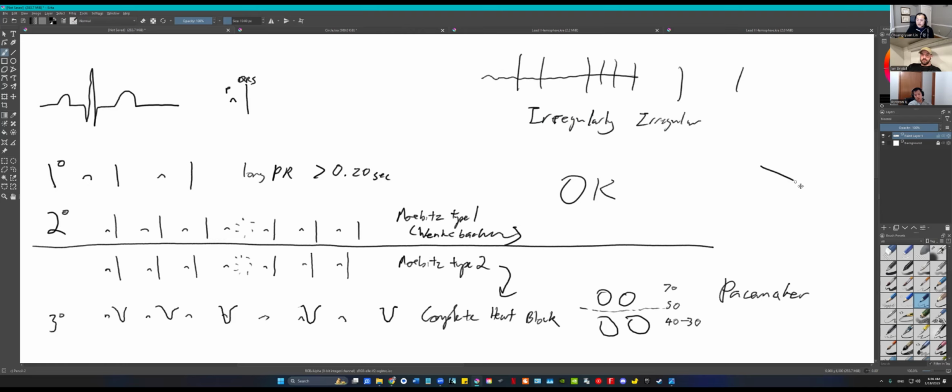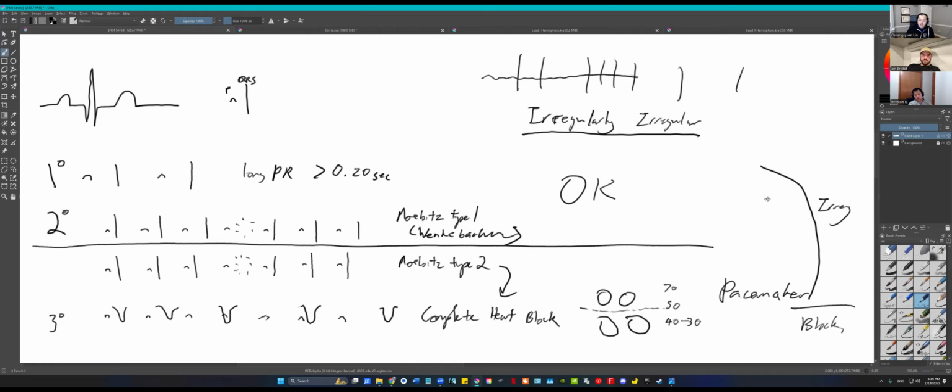These are just irregular. And then the third degree is just block. Irregularly irregular seems kind of like a redundant phrase, but it's irregular and unpredictably irregular, which is the hallmark of atrial fibrillation. That's why it's irregularly irregular.